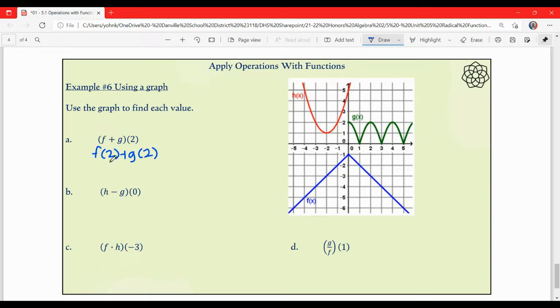So remember, f of 2 is the y value that goes with an x value of 2. So find the f function, find 2, and so f of 2 would be negative 3. G of 2 would be find the g function, find 2, and then find the y value, which would be 2. So the answer is negative 1.